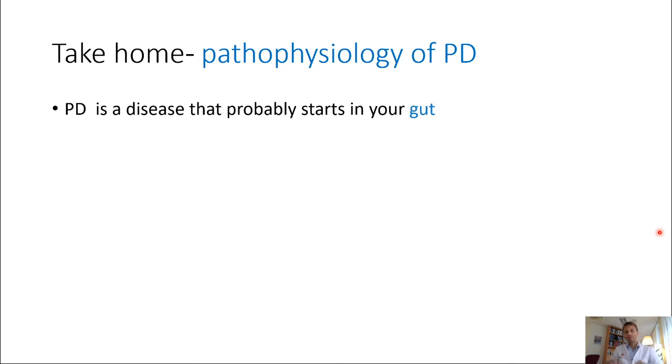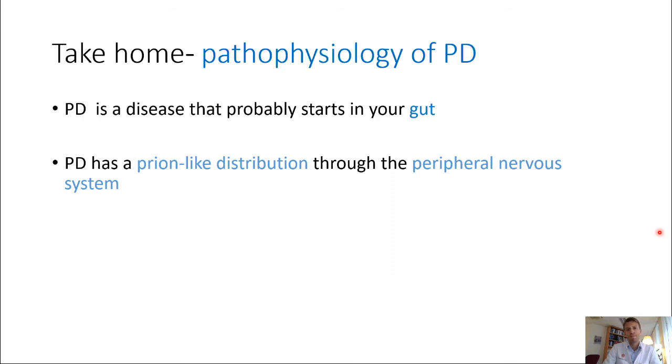So, if you look at the pathophysiology as a whole, it's not a disease of your brain. It's probably a disease that starts in your gut and ends up in your brain years and years later. It has a prion-like distribution through your peripheral nervous system, in which the vagal nerve is the main culprit.